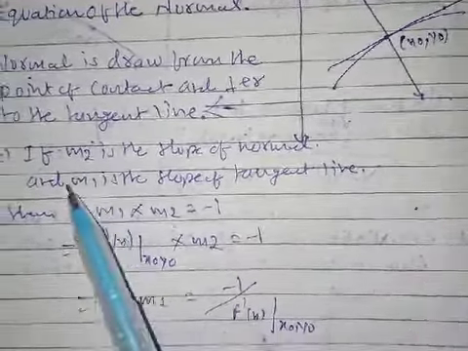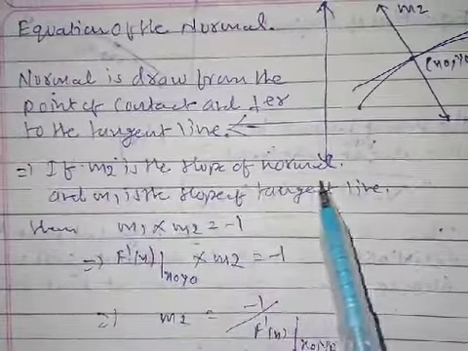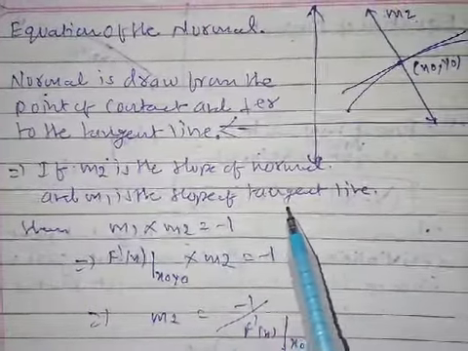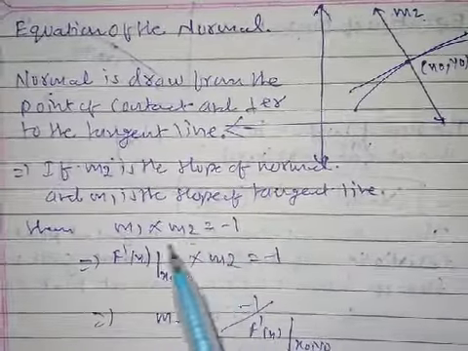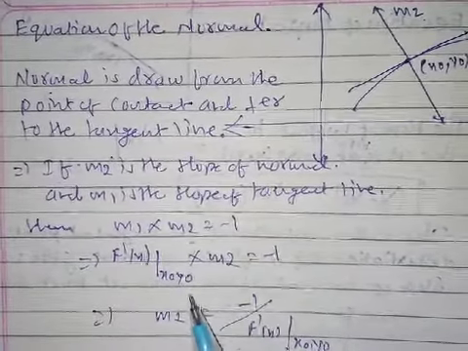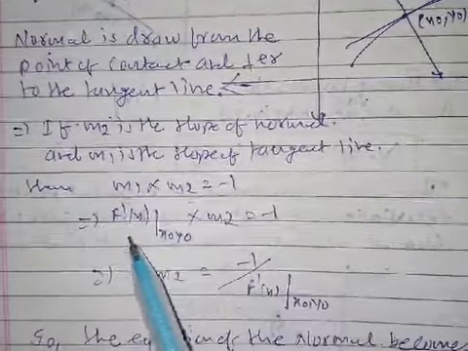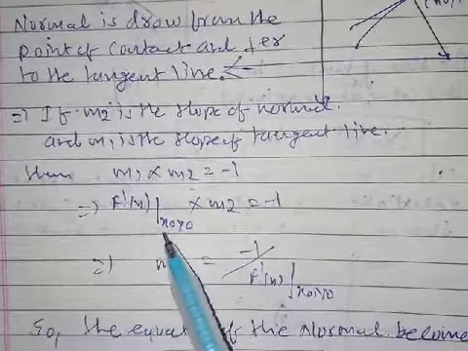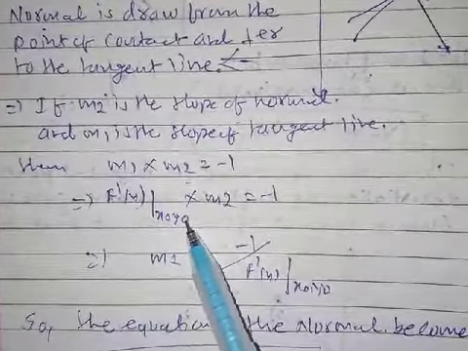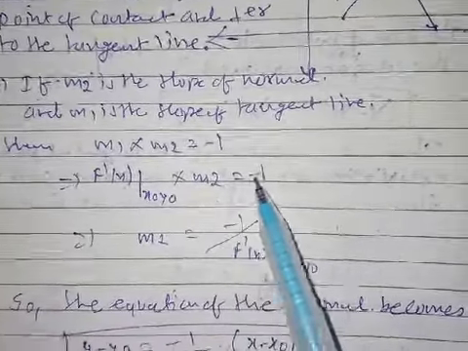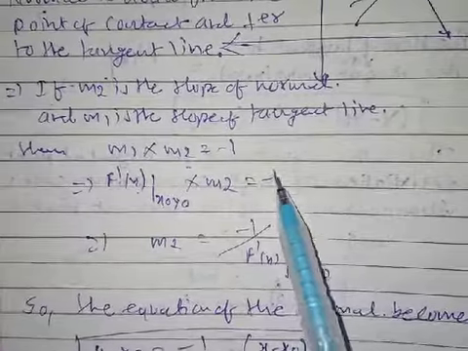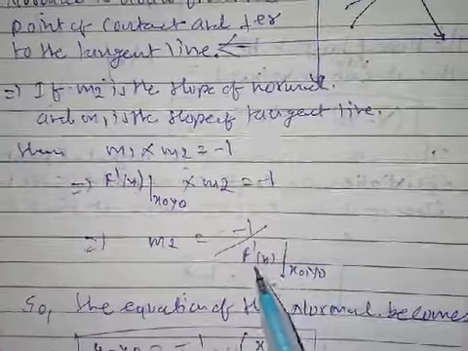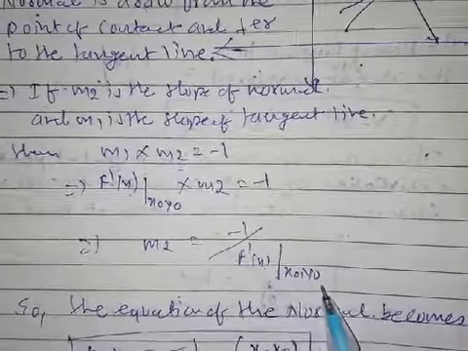See, if m2 is the slope of the normal and m1 is the slope of the tangent line, then we say that m1 into m2 is minus 1. What was m1? f dash of x at point (x0, y0). So m2 is equal to minus 1 upon f dash of x at point (x0, y0).